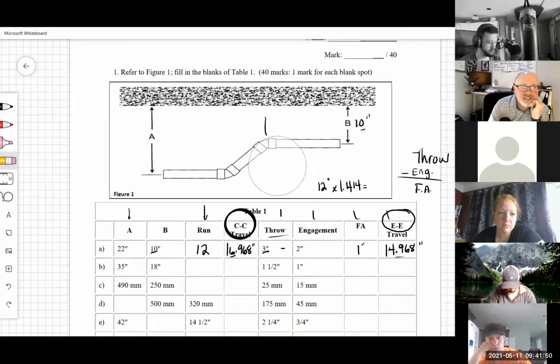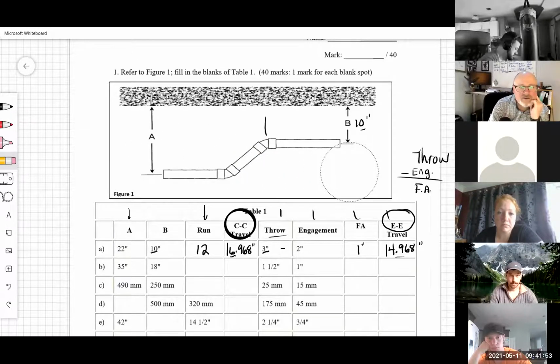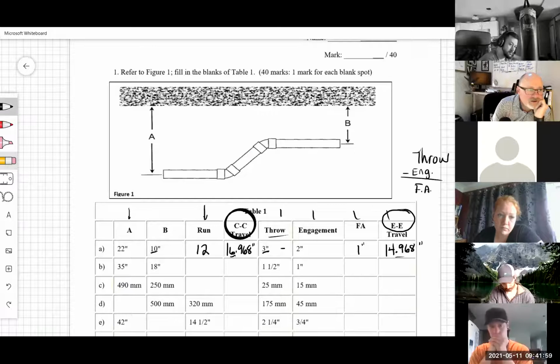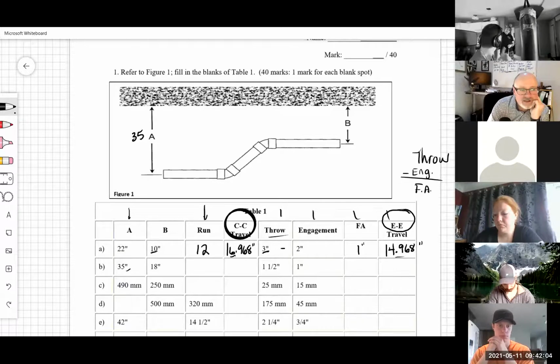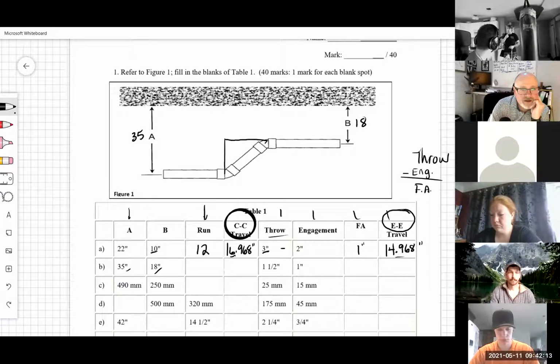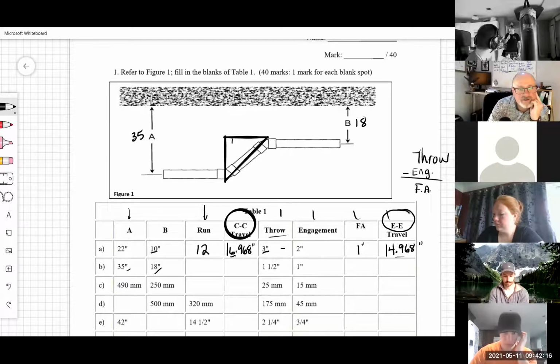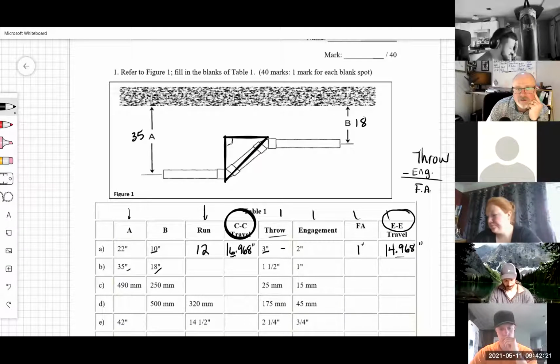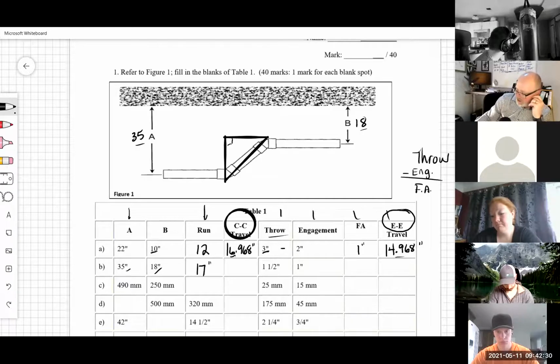So let's do the second one here. So the second one says A is 35, B is 18. And if I draw a right angle triangle in here, it's not perfect, but there it is. What would my run be? Pretty straightforward. 17, right? 35 minus 18 is 17 inches.